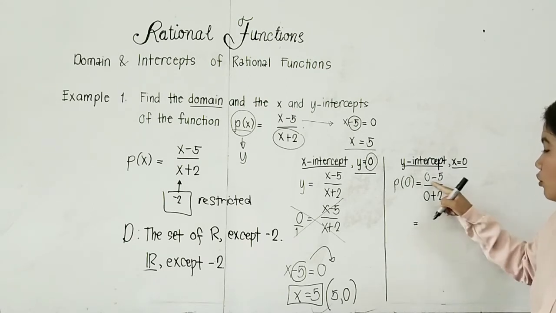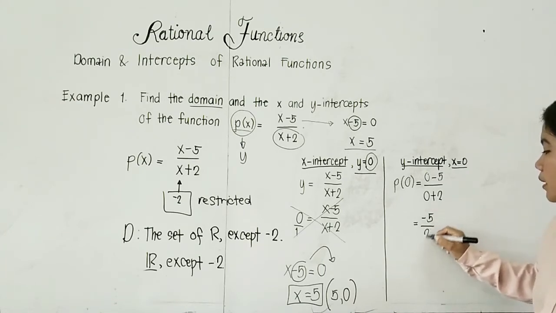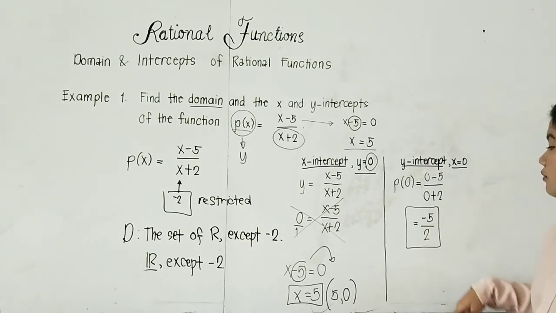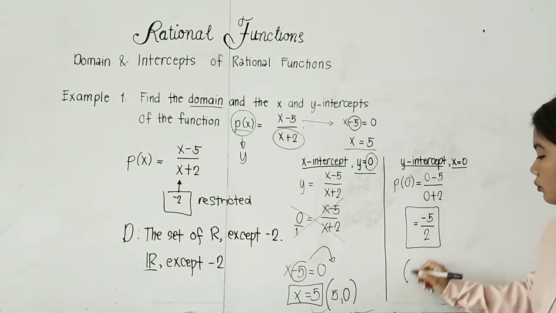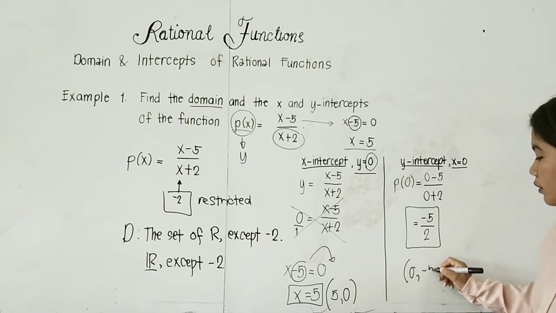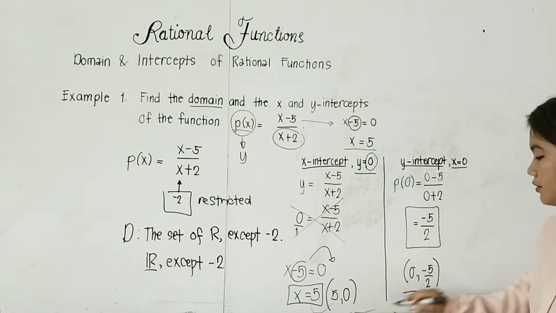Then simplify, 0 minus 5 is equal to negative 5. 0 plus 2 is equal to positive 2. So our answer is negative 5 halves. So the value of y is negative 5 halves when x is equal to 0. So our y-intercept is negative 5 halves.